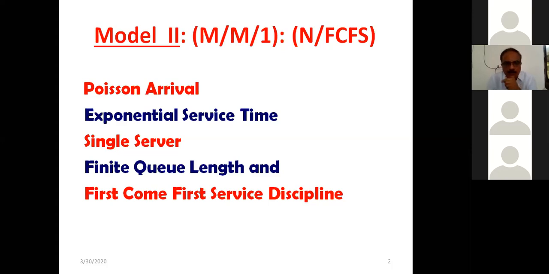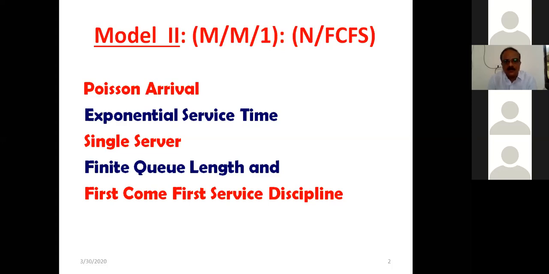And the discipline is first come, first serve. Now, I would like to elaborate this change of finite queue length as compared to infinite queue length that we have seen in the first model. Again, I would like to cite the example of a doctor who is working in his own clinic. Doctor is only one server, a single doctor in that clinic, and he is serving the patients. In the earlier case, this clinic was open for all patients, and that too for an infinite number of patients.